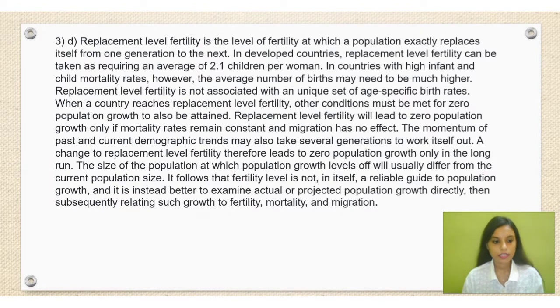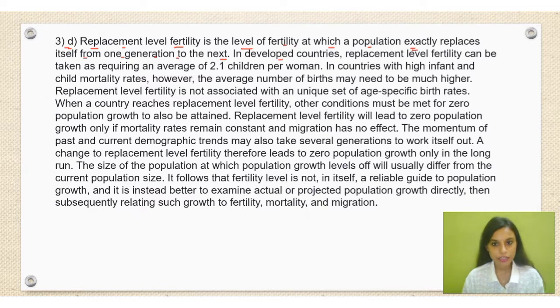Now you see over here, I have included the definition of the replacement fertility rate. The replacement fertility rate is the level of fertility at which a population exactly replaces itself from one generation to the next.